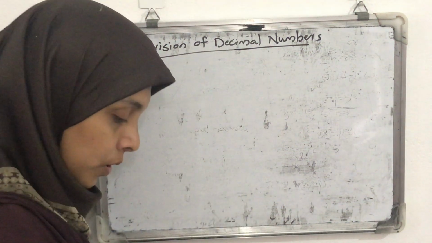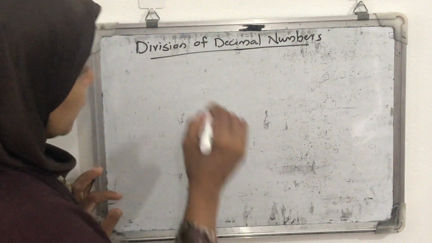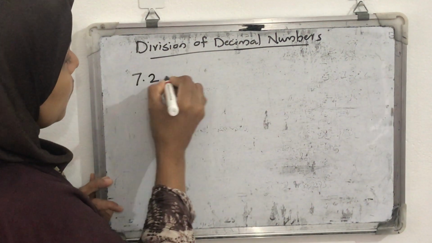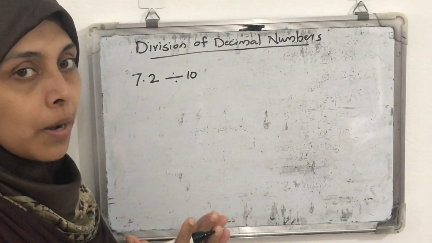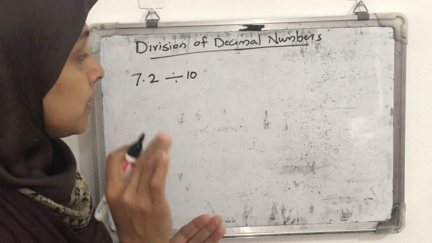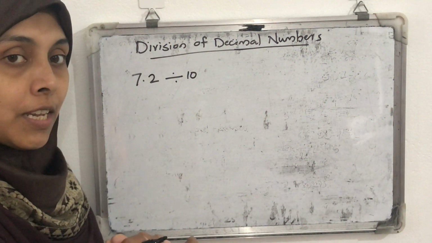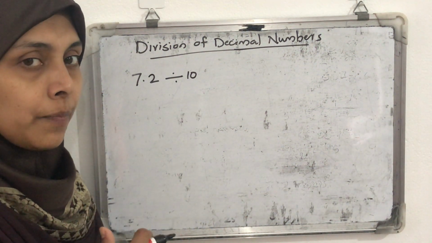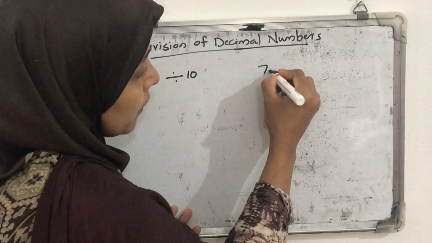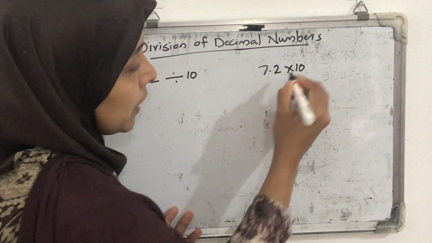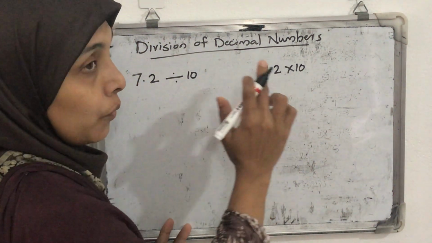Okay, one question you do. First question is 7.2 divided by 10. So just recall what we did in the case of multiplication with 10, 100 and 1000. Okay, all of you clear? When we multiply 7.2 with 10, what is the rule we follow here?